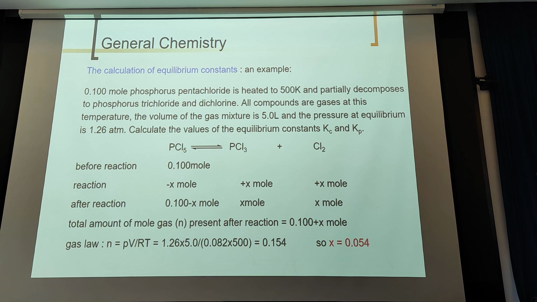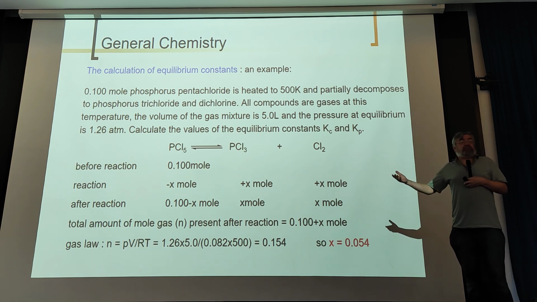So how do we start? The good start always is to write the reaction equation, which is quite simple. In this case, it is given that we started with 100 millimole, and actually there is a certain amount, at the moment we don't know, so we are now going to use an algebraic way of doing that. So how much is going to disappear?